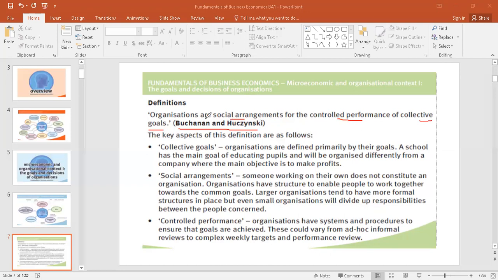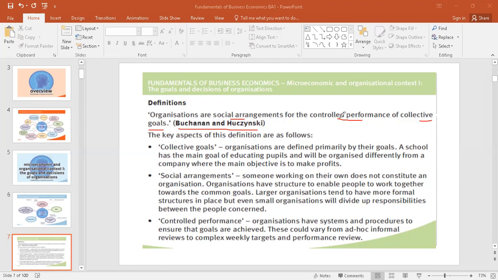Can we be called organizations at an individual level? No. For any entity to be called an organization, there should be a social arrangement where people come together and perform together. Collectively, their performance is looked at.